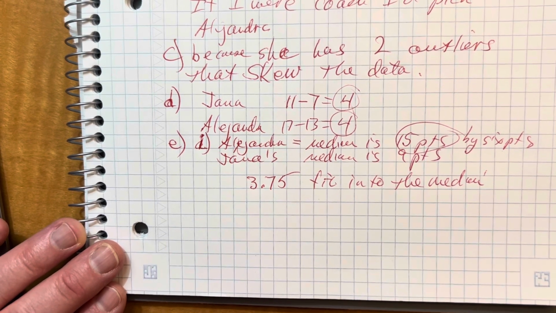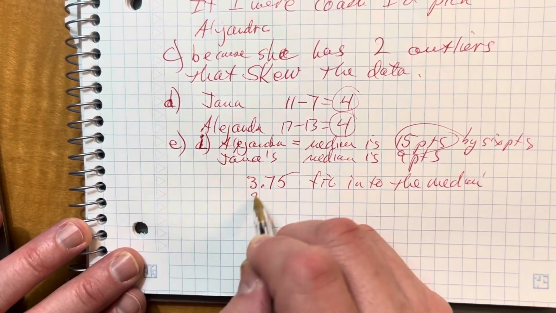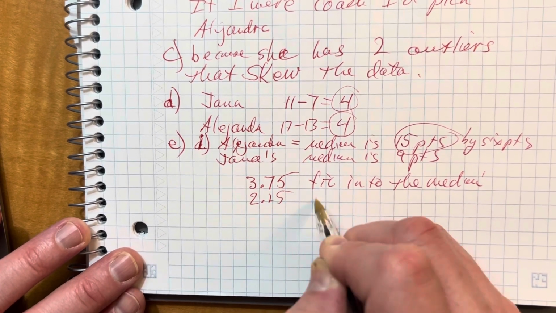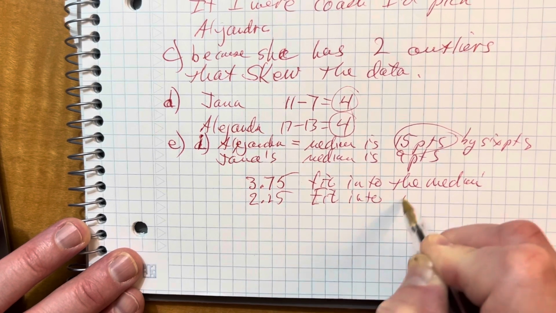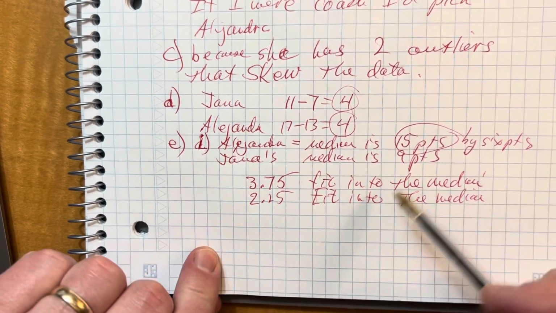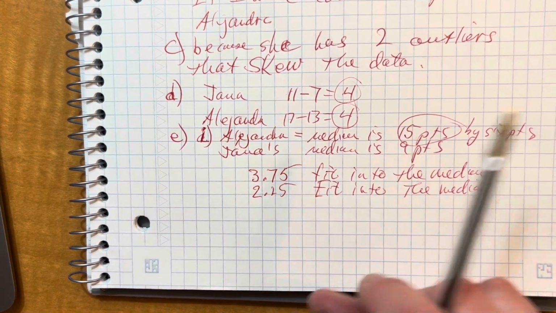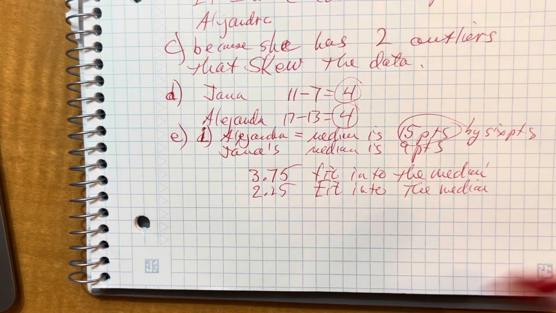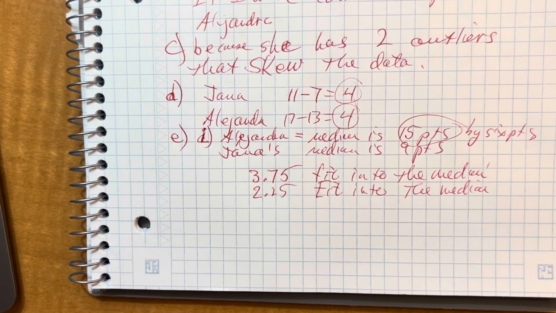Okay? And for Jana, she would have 2.25 fit into the median. That is a different statistical data point, but we don't really talk about that here in our book. Okay, that's number 21.